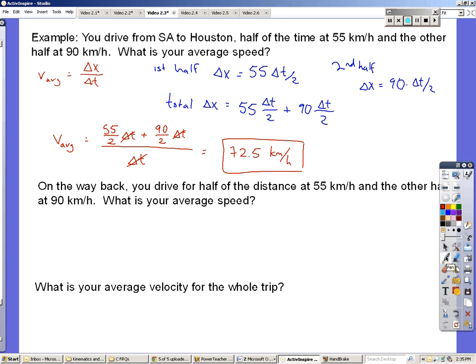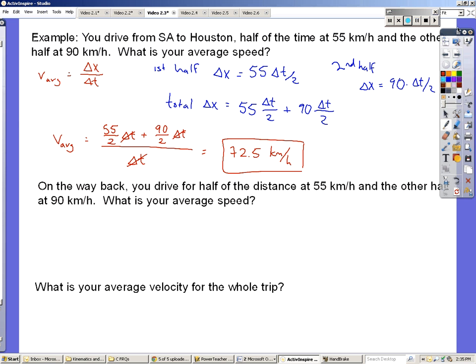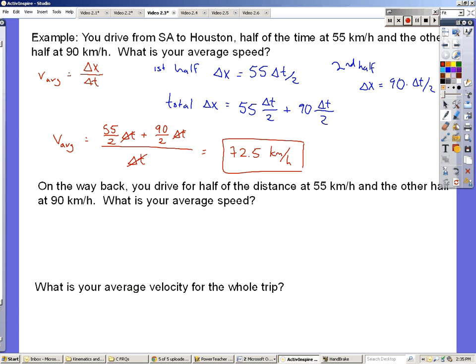Now let's say on the way back, you drive for half the distance at 55 and the other half at 90 kilometers per hour. You might think that the answer would be the same, 72.5 kilometers per hour, but that's not the case.